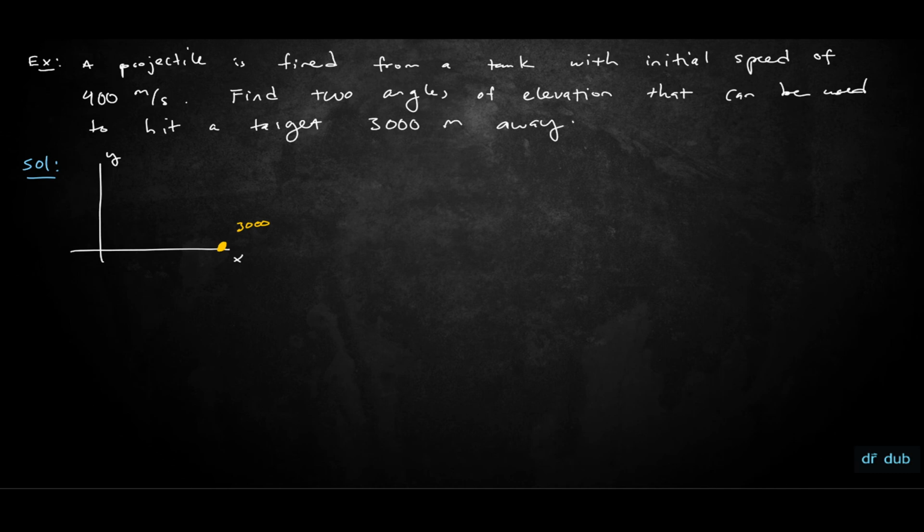We have an initial speed of 400 meters per second, and the range is 3,000. That's going to be 1 over g times v0 squared times sine of 2 alpha. I've got v0, all I need to get is alpha, and I'll use g as 9.81.